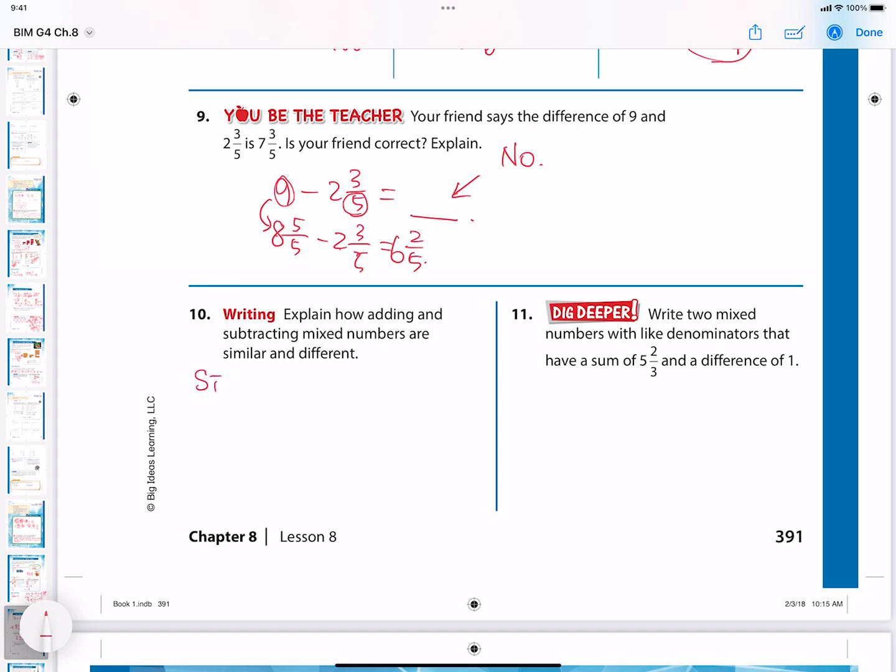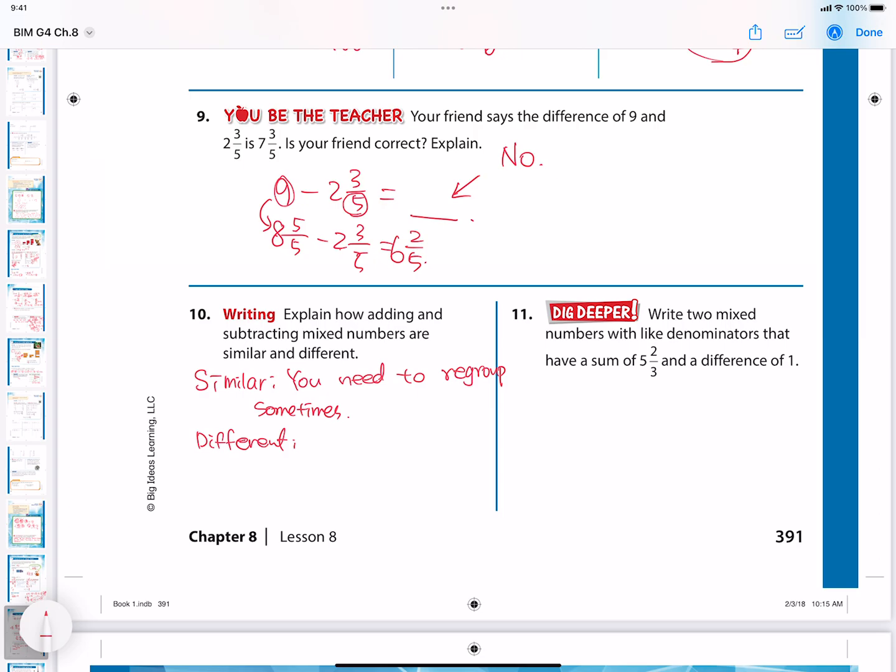Let me say the similar part: you need to regroup sometimes. What's the different part?